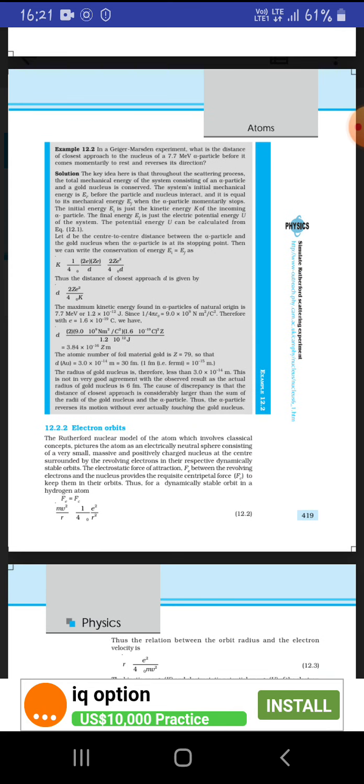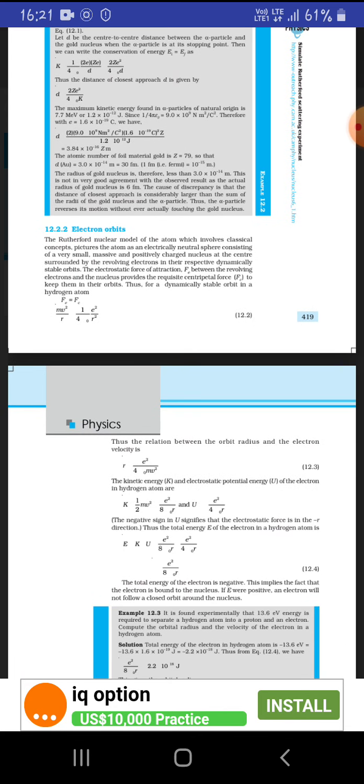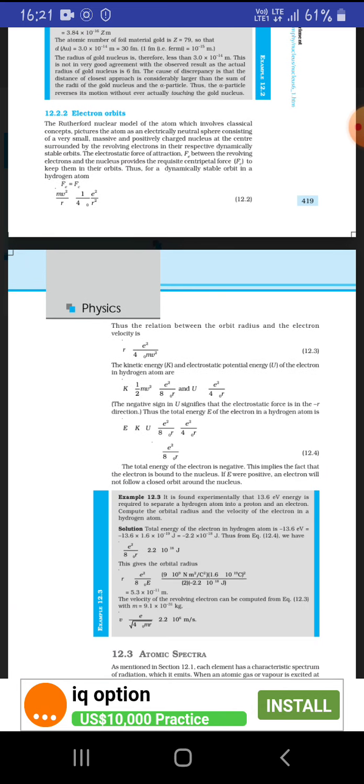So we have to take both formulas, that is Fe is equal to Fc, and we write mv squared by r equals 1 by 4 pi epsilon naught, e squared by r squared. Thus the relationship between the orbit radius and the electron velocity is r equals e squared by 4 pi epsilon naught mv squared, and then the kinetic energy and the electron's potential energy.